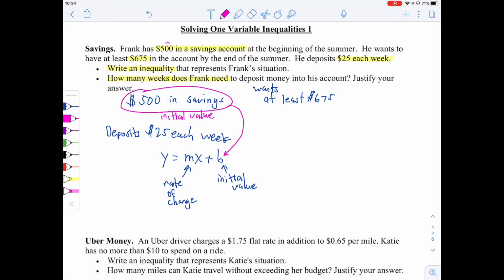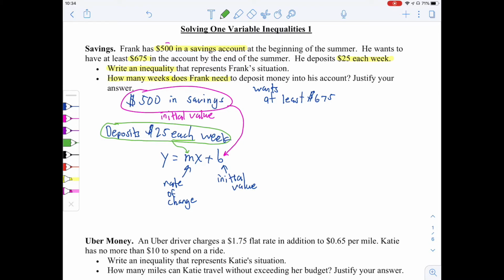What else can we put in there? Rate of change. Which one's the rate of change: wants at least $675, or deposits $25 each week? The keyword is each. Each week, per hour, those are all rate of change. So $25 each week is your rate of change, your slope.